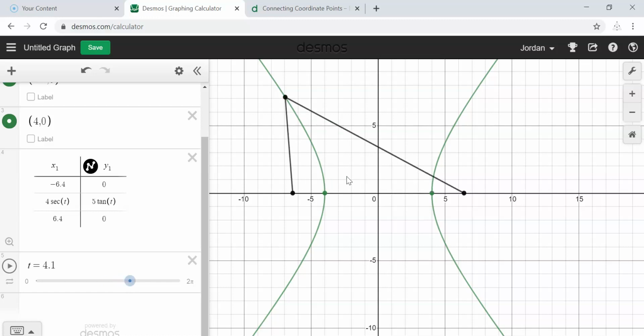But what it turns out is the interesting thing is that if you take this length here, the longer one, and then subtract the shorter one, and then you move that point to another spot, let's say we move it to here, and then you take the longer length and subtract the shorter length, that difference would be a fixed number.